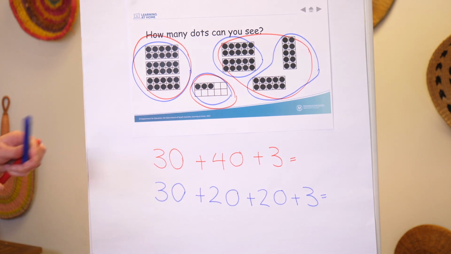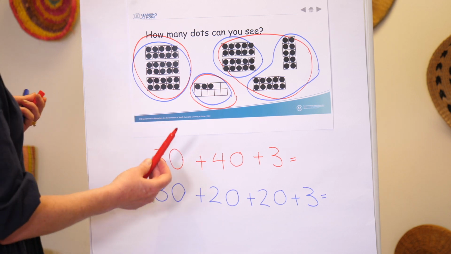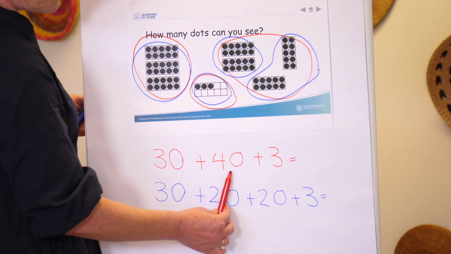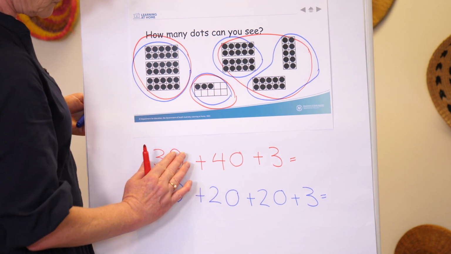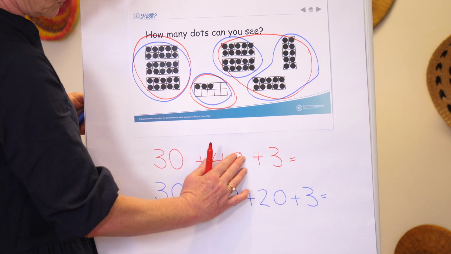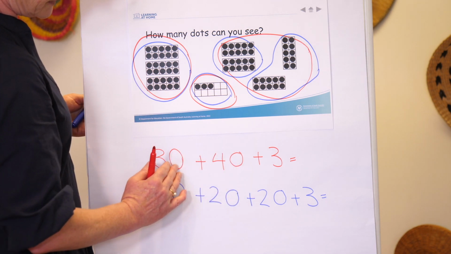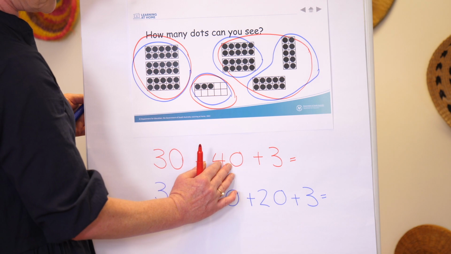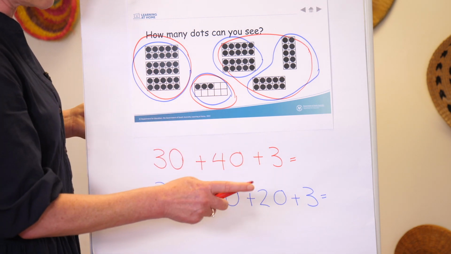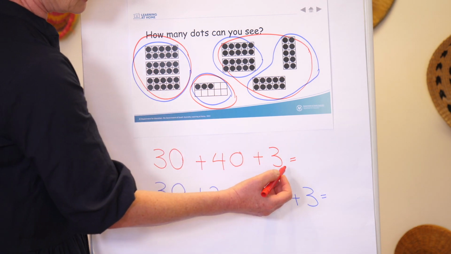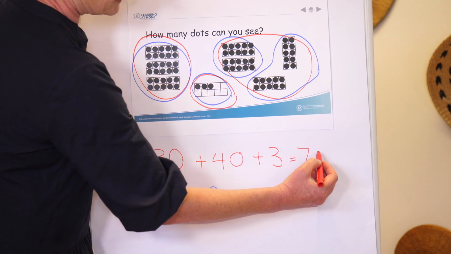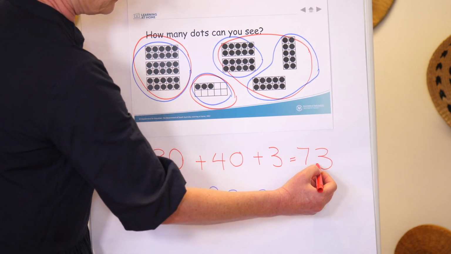Let's check these parts to make our whole. 30 plus 40, 3 plus 4 makes 7, 30 plus 40 makes 70, plus my 3. So now I have 73.